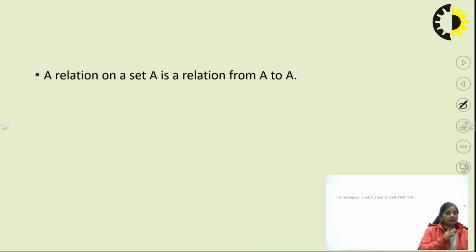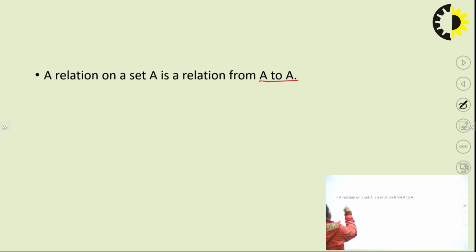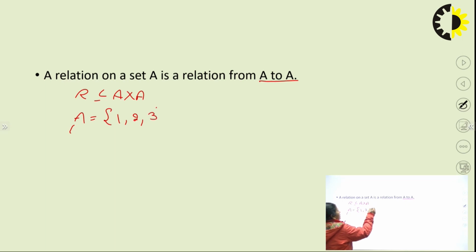When we have a relation from a set to itself, then we will have A cross A, from A to A. So a relation on a set A is a relation from A to A. In this case, it will be a subset of A cross A. Here let me take A as the set {1, 2, 3}, and let me take a relation R in which again I am taking divisibility.